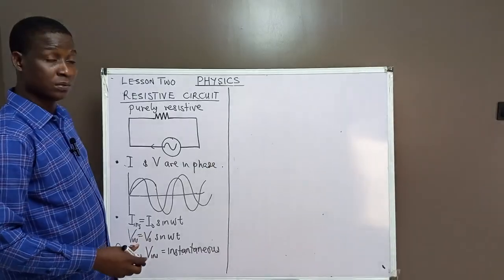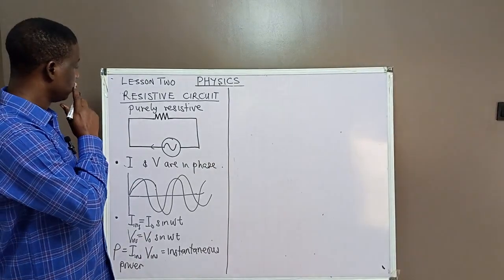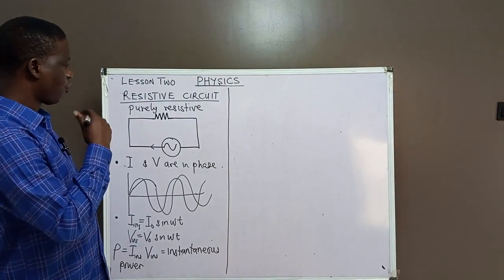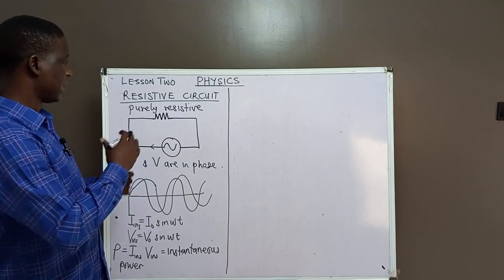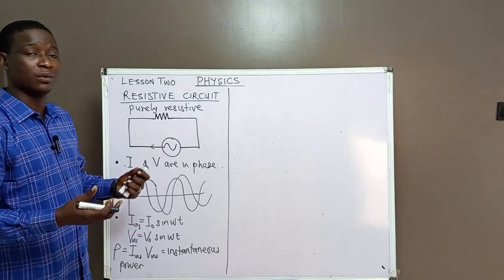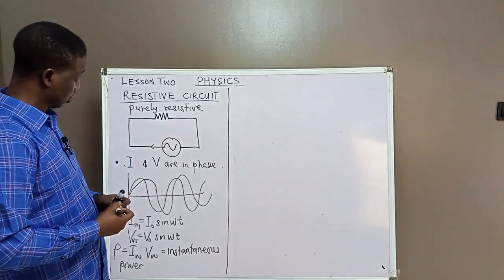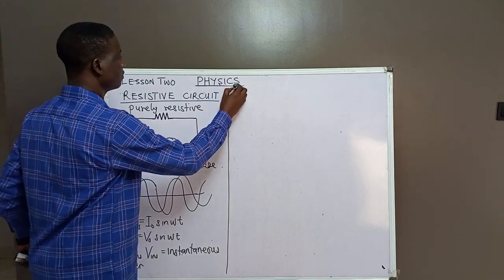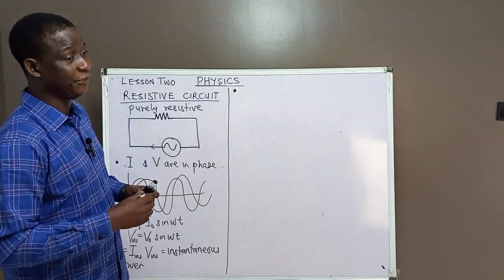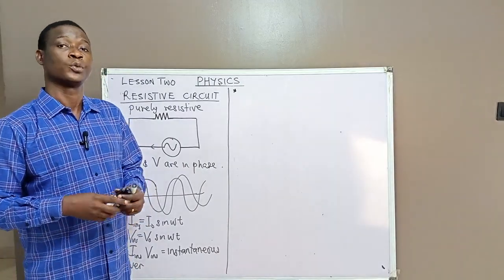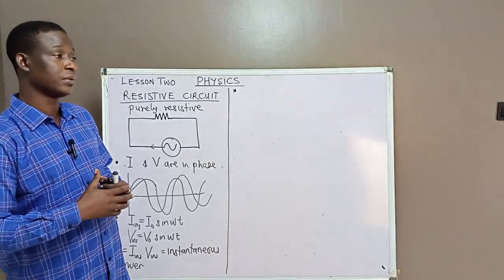Take note of that. So now, for what we have discussed so far, we can arrive at the conclusion. Point number 1, current and voltage are in phase.